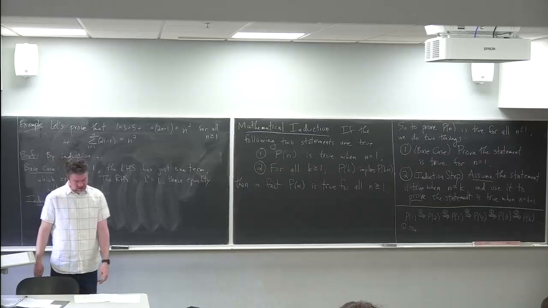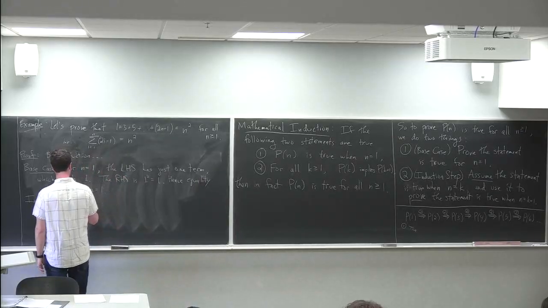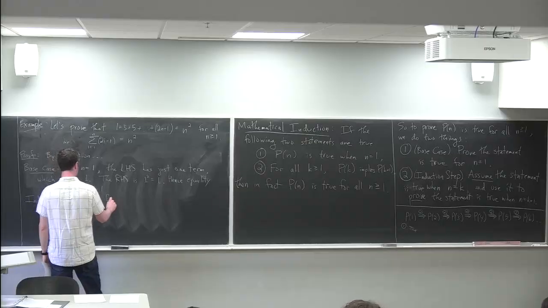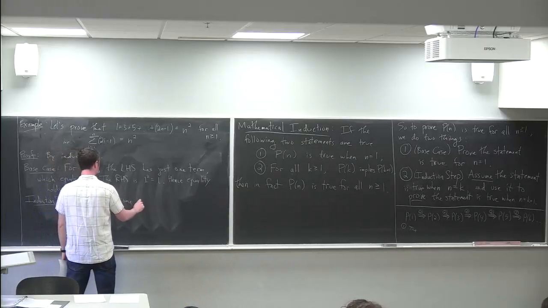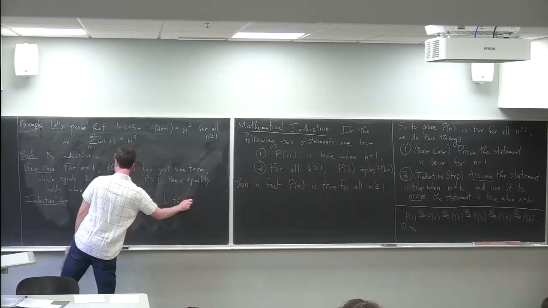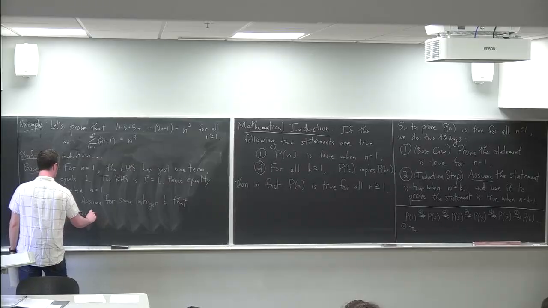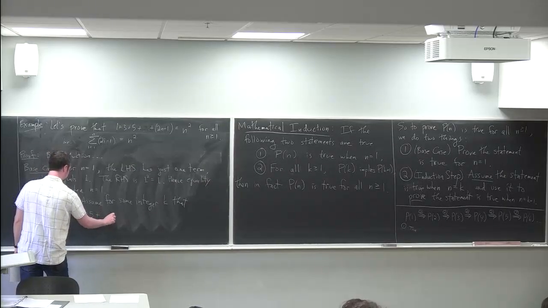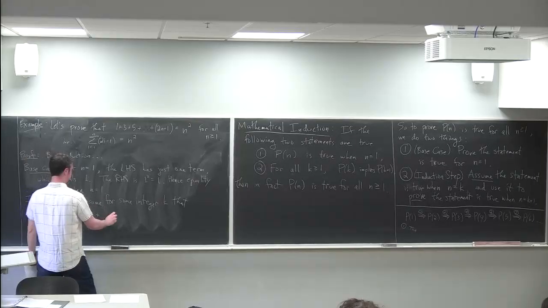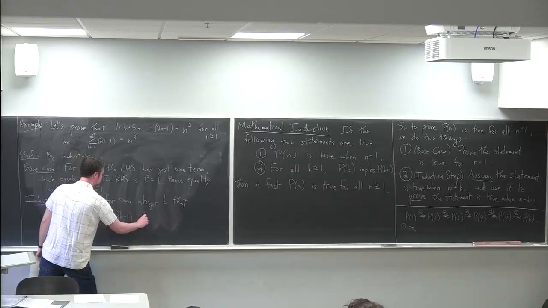So for the induction step, we get to assume, for some integer k, that this formula holds, so the sum of odd integers starting at 1 up until you get to 2k minus 1 does equal k squared.